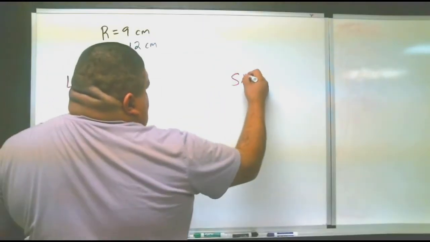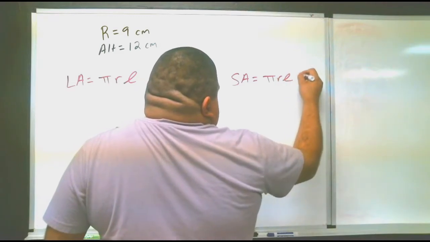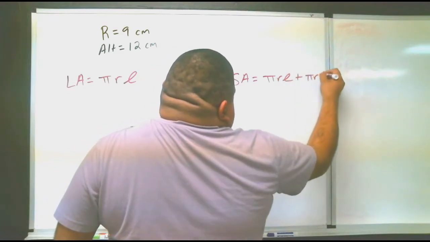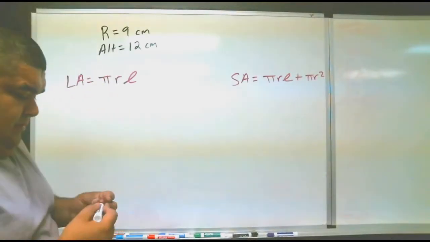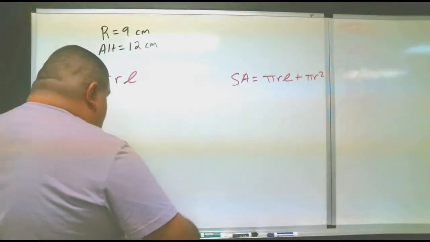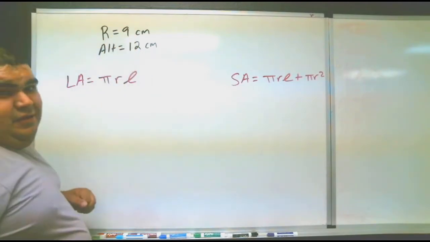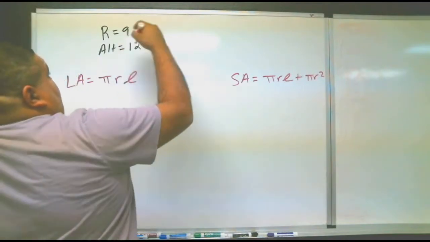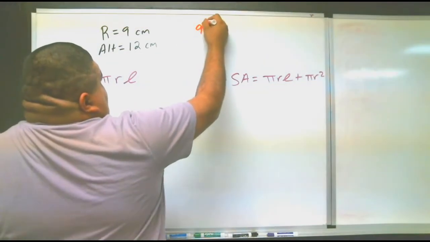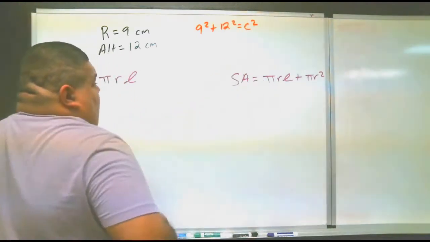And then surface area is pi r slanted plus pi r squared. Since we don't have our slanted height, we have to use the Pythagorean Theorem. So we have a squared, which in this case is 9 squared, plus 12 squared equals c squared, which is our slanted.